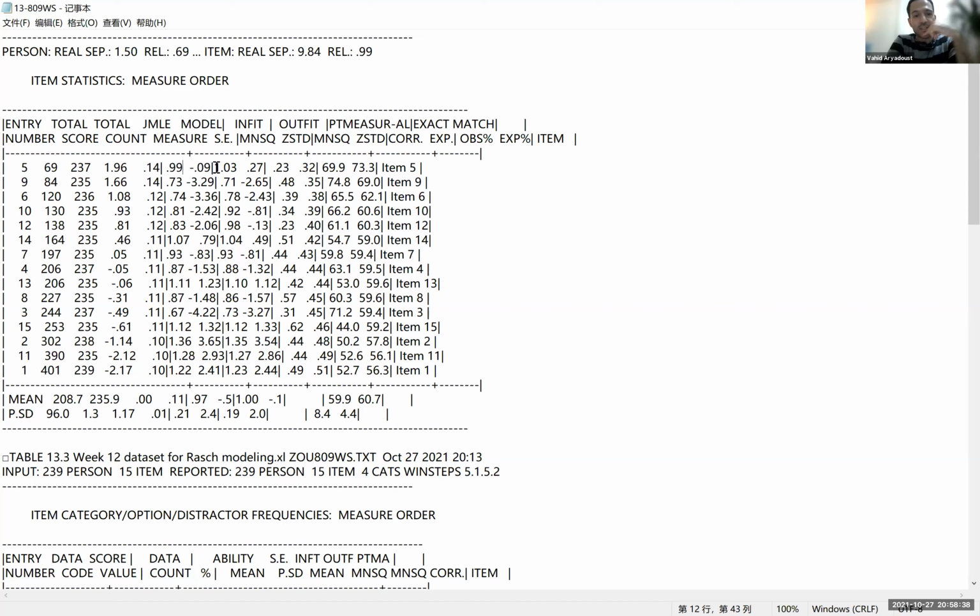So what you're saying is that we deserve a round of applause for creating these reliable and valid items. Yes. Good. So you think there's no problem in these items because the infit and outfit mean square values fall between 0.5 and 1.5. Yes. Excellent. Does anyone have any questions, everybody?